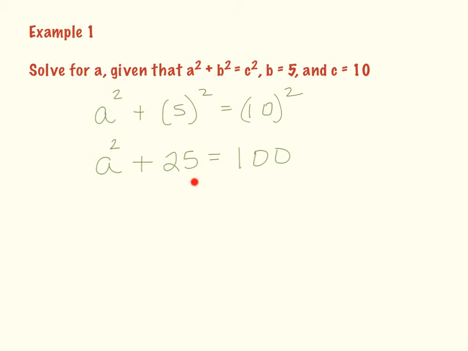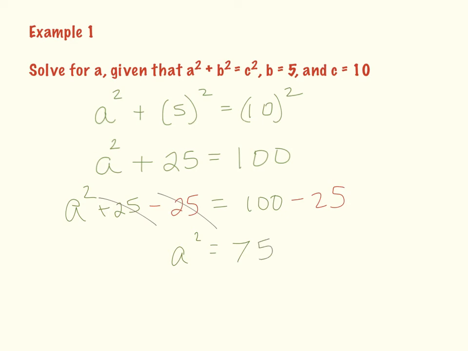We're going to move the 25 over to the other side, so we're going to subtract 25 from both sides. These two are going to cancel out, and we're going to be left with a squared equals 100 minus 25 is 75.